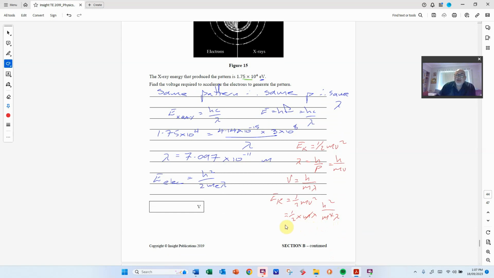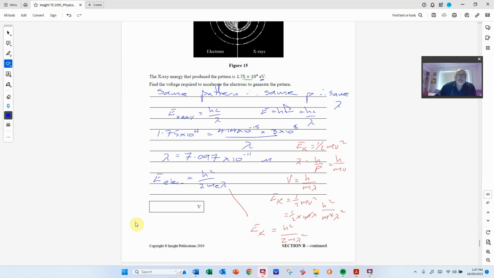And we end up with KE equals h squared over 2m lambda. I forgot to square that lambda down there: 2m lambda squared. So that's how we get that. So back to what we were doing.